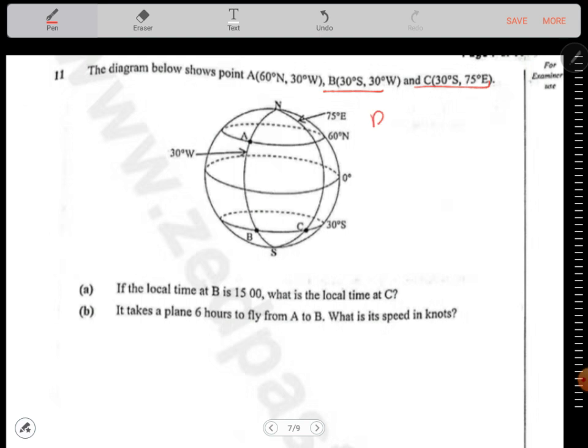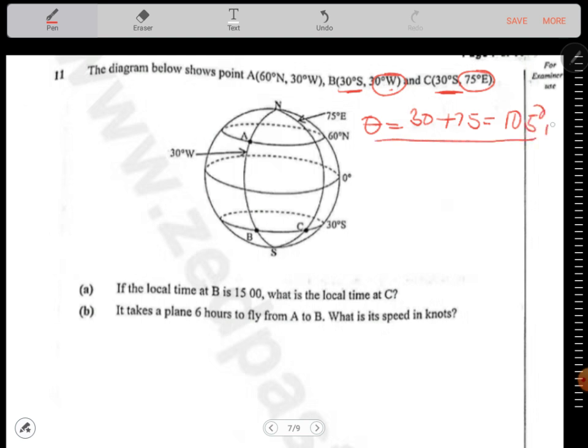So you can see that B is on 30 degrees south. Even C is on 30 degrees south. But they are on different longitudes. That means first we need to find the angle, which is the difference in longitudes. Since they are in different hemispheres, we are going to add 30 plus 75 to give us 105 degrees.